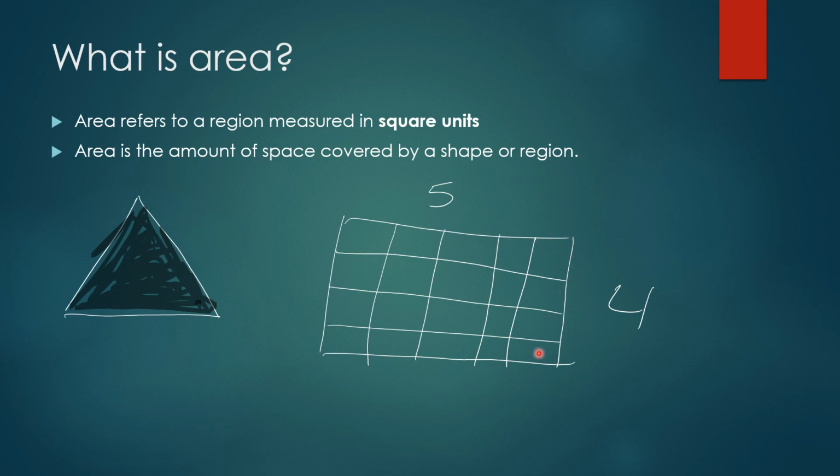Then the number of squares inside the structure would be its area. We would say that the area of this rectangle would be 20 square units, because I don't have the units labeled.